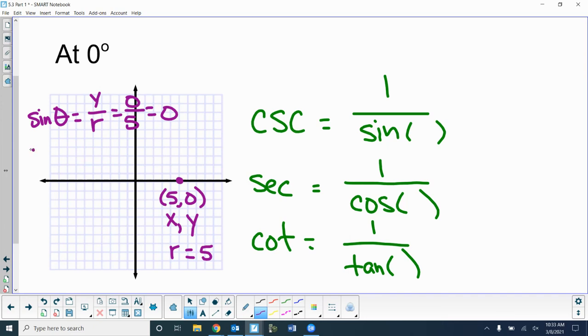So cosecant, it's reciprocal. Oops, another C. It is the reciprocal of that. What's that answer? Calculation fails, right? Undefined. All right, so it's undefined. You can't divide by 0, right?